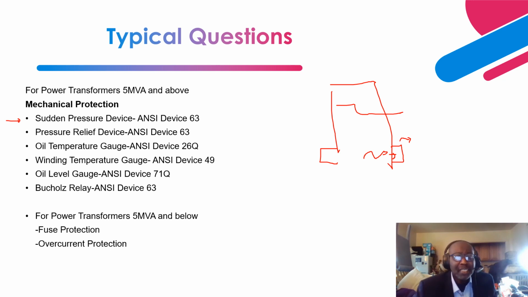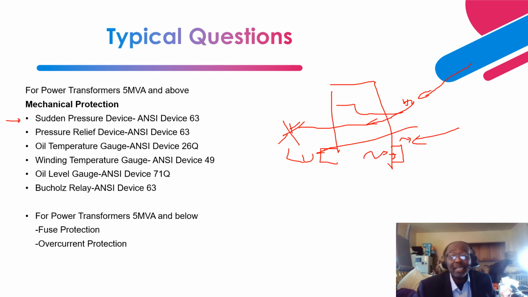This is how this protection element works. If you should have a through fault, a through fault means that it goes from the source through the transformer, from the high voltage side to the low voltage side, so that has to be a fault on the low voltage side. That's how a through fault works.